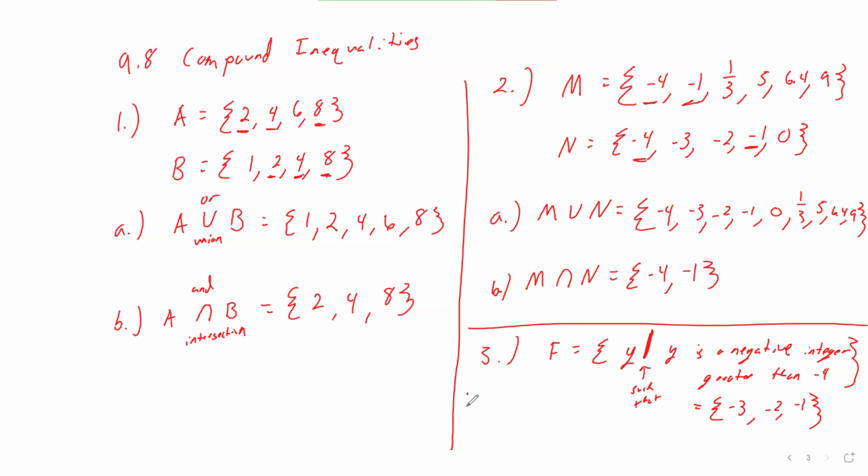So you have to do this part on your own. And then G, should have maybe done the next page, is Y such that Y is a positive integer less than 4. So again, you have to do this part on your own. So positive integers that are less than 4, that would have to be 0.